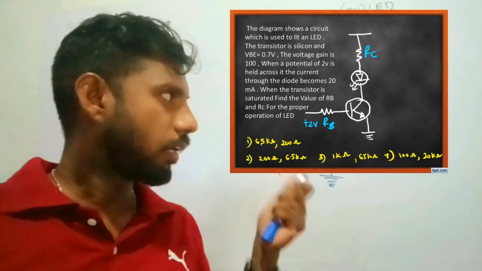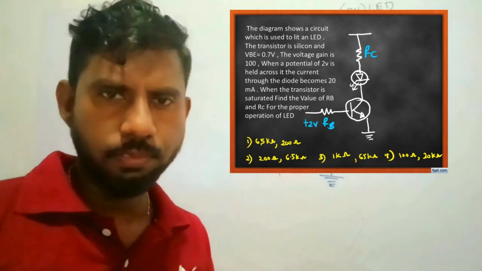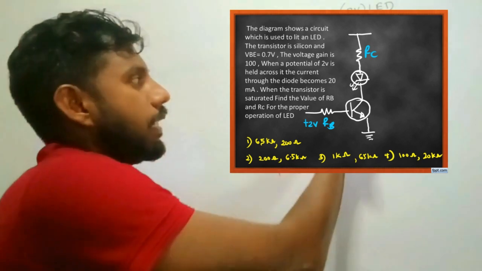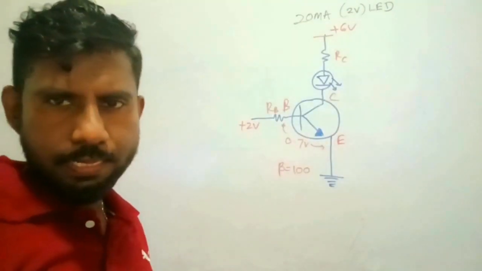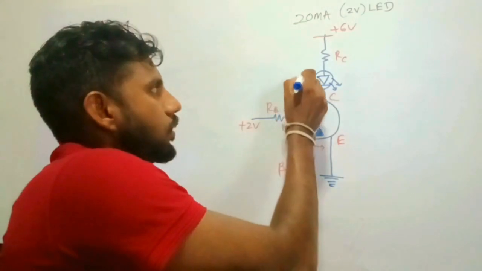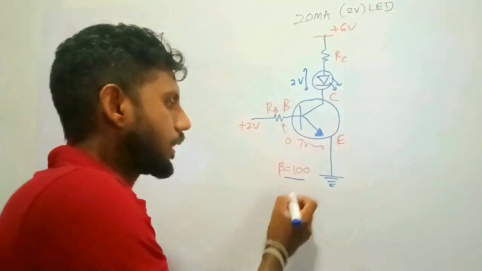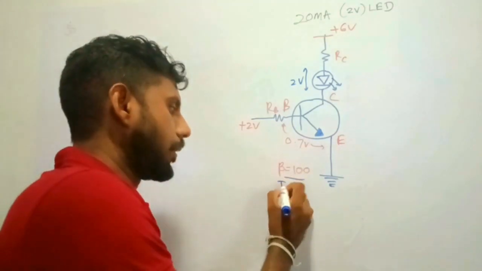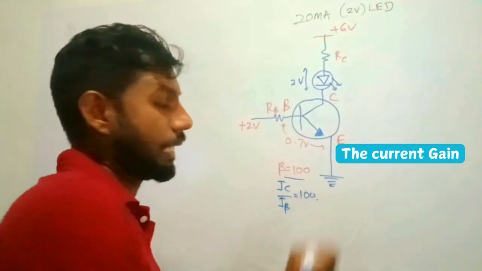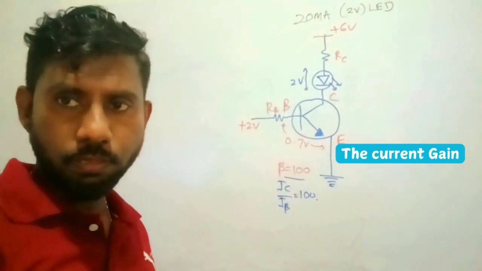Let's get into the question. I hope you have tried the question, and if you could get the answer, that's great. They are telling us there will be 20 milliamperes through this LED, that means through the diode, if 2 volt potential is across the diode. And the beta value is given. Of course you know what beta is. Beta means IC over IB is 110. They are telling us the transistor is in saturated mode.